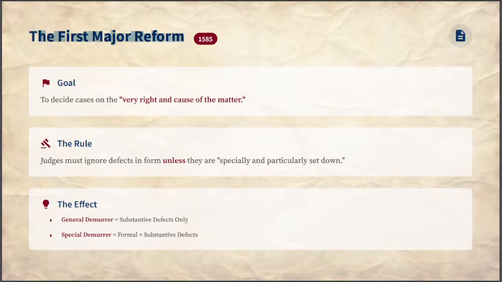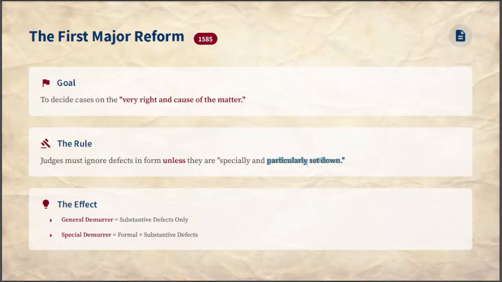So the first major reform was in 1585. The goal was to decide cases on the very right and cause of the matter. So big difference here is to decide cases. And this is a statute, I think, of Elizabeth in 1585. The rule is judges must ignore defects in form, those technicalities, unless they are specifically and particularly set down.